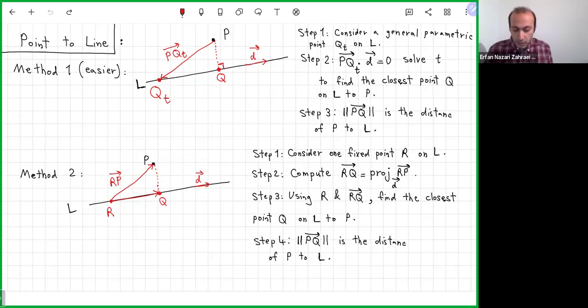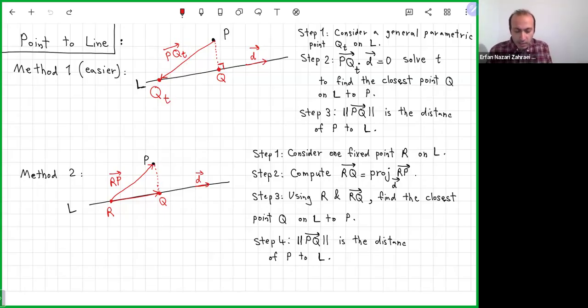One way to compute the distance between this point and line is, and I explained the method step by step here, to consider a general parametric point on the line. So that's a point which involves one parameter t in it. Then you consider the vector connecting the point and this parametric point. You consider PQT. This is already a vector involving a parameter in its coordinates.